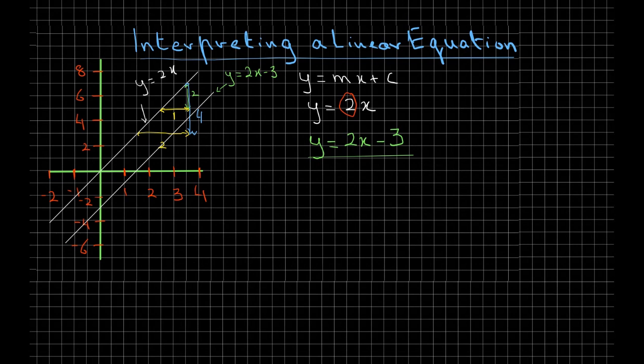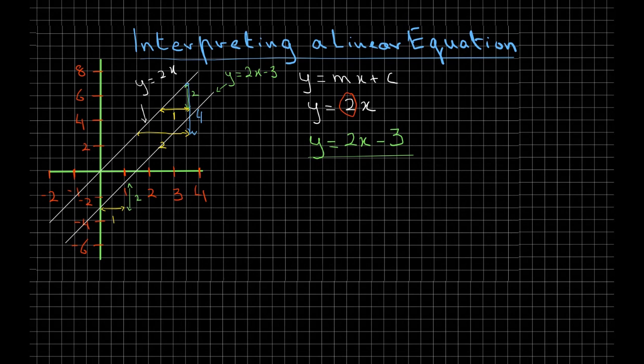But note, the line still has the same slope. All it has done is shift down by 3 units, but the ratio of the change in y to the change in x is still the same. For example, if I move forward by 1 unit, I move up by 2 units, because I go from minus 3 to minus 1.